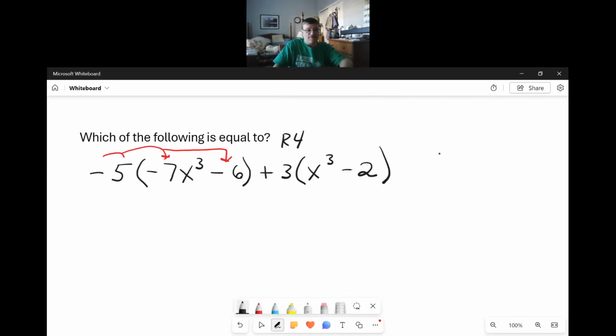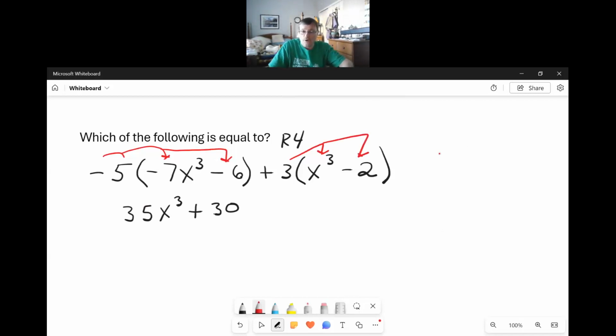So negative times negative is positive 35. X to the 3, see the x to the 3 is just going to come along for the ride like we've done before. And negative 5 times negative 6 is positive 30. Rule 4. So we got this taken care of. So now we're going to look at the next distribution here and see how we're going to handle positive 3 with what's going on here, and positive 3 with that negative 2.